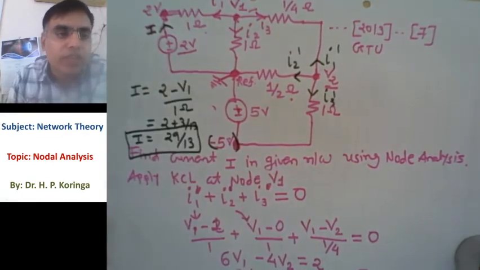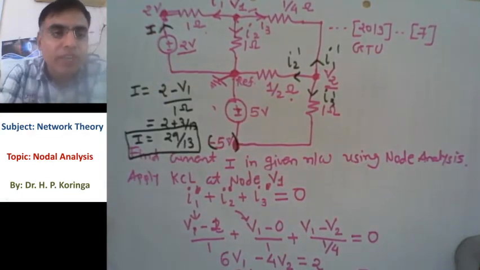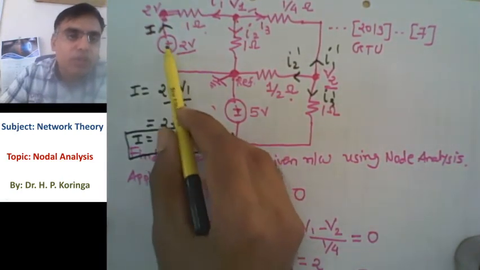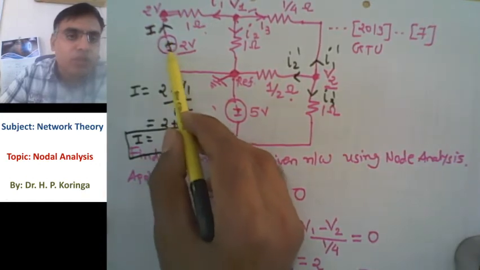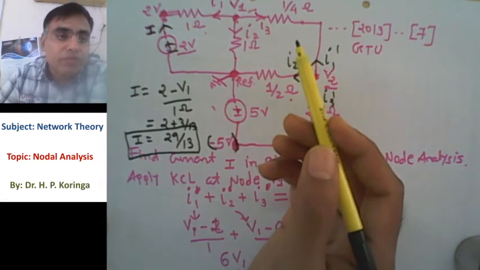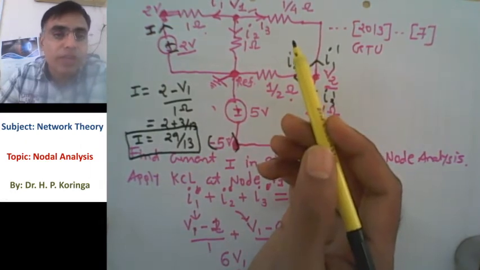And here we got the value of I is positive. It means current is outgoing from the plus terminal of the voltage source. That means this voltage source is supplying the power.